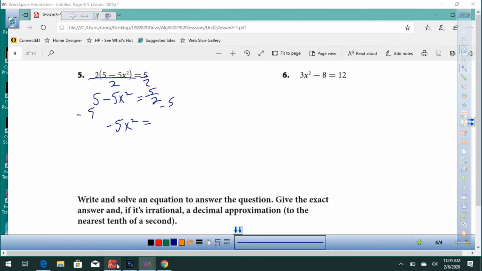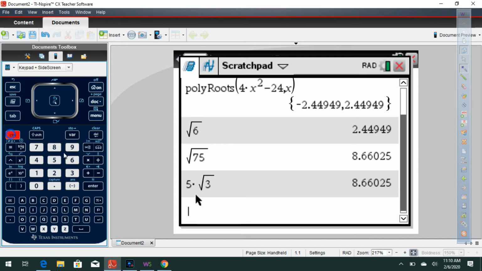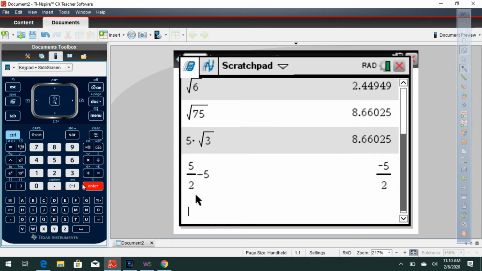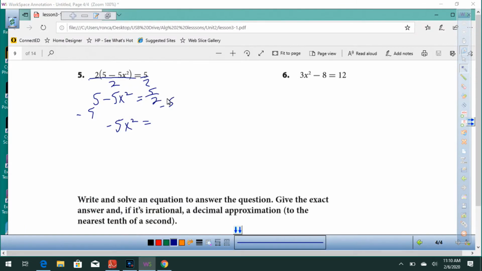that's a tough one. So we got 5/2 minus 5. Okay, and that's because 5 is 10/2, right? So we got negative 5/2. Negative 5/2.